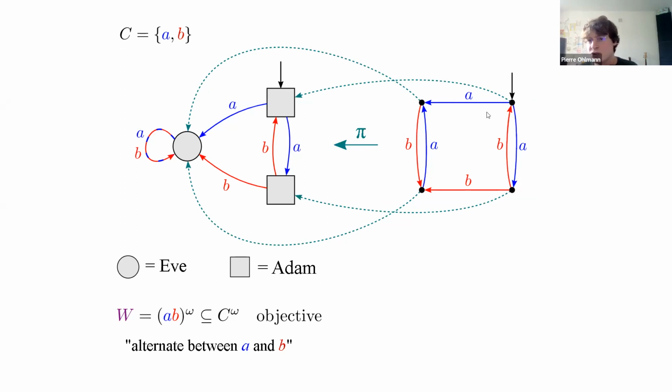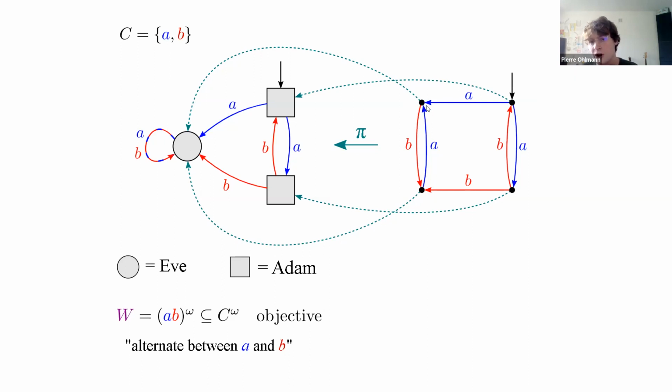Okay. So this graph specifies the strategy. It says that we have here two states of the strategy that correspond to these two states in the game, and on the left, two other states of the strategy that correspond to this state in the game. So we have a morphism from the strategy to the game. A state in the strategy always corresponds to a state in the game.